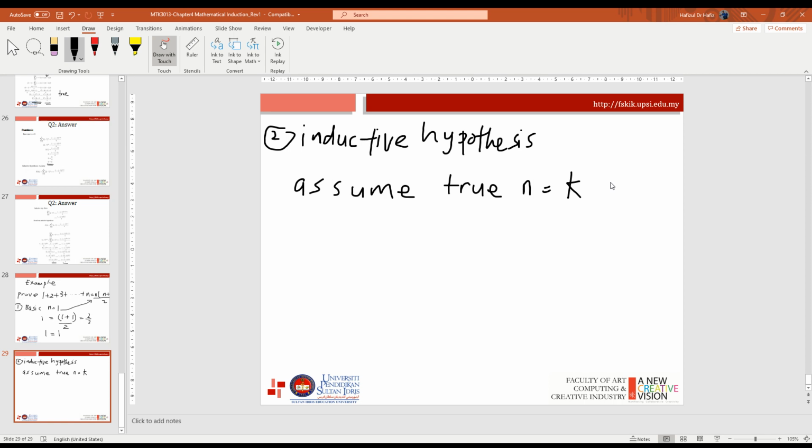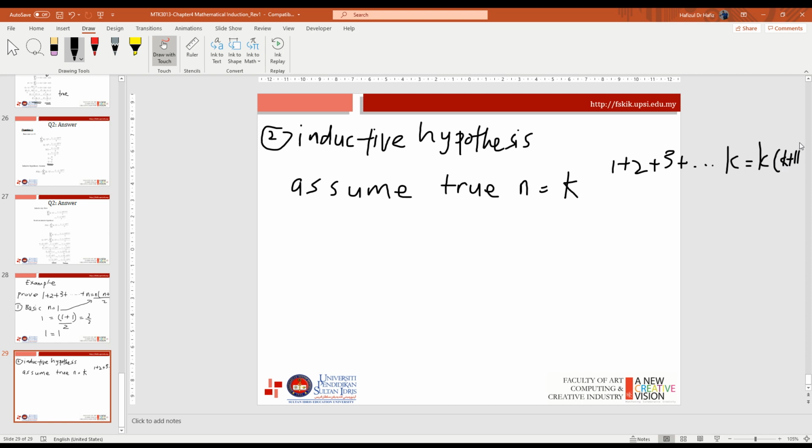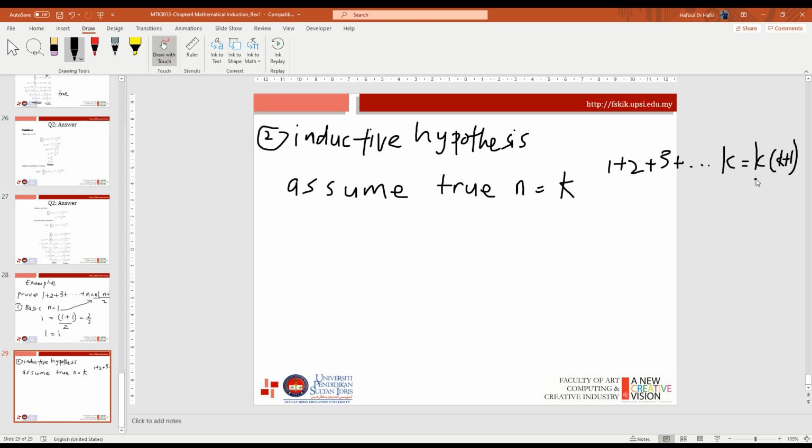We have shown 1 plus 2 plus 3 plus ... plus k is equivalent to k(k plus 1) divided by 2. So that shows true for n equivalent to k plus 1.